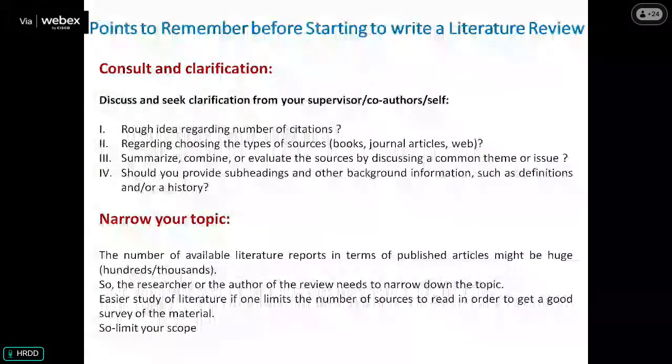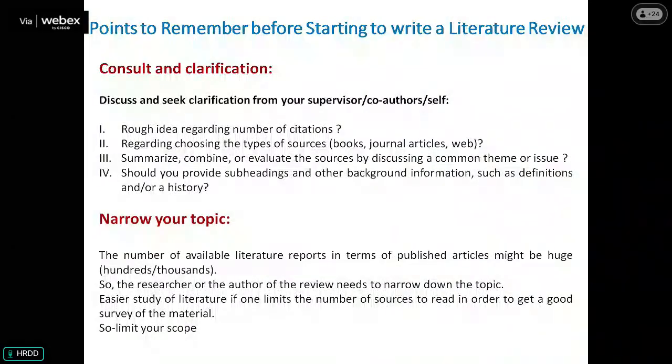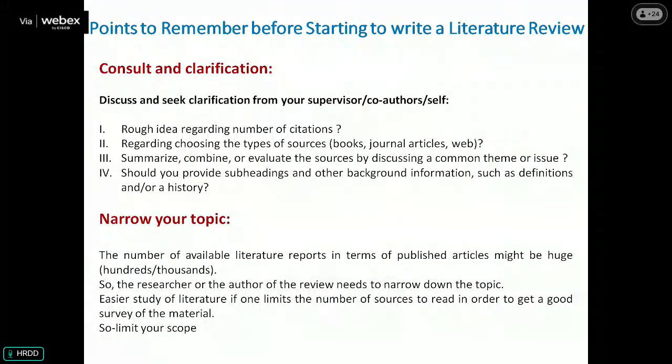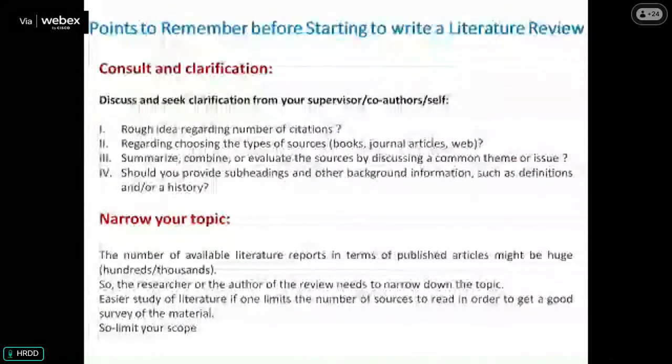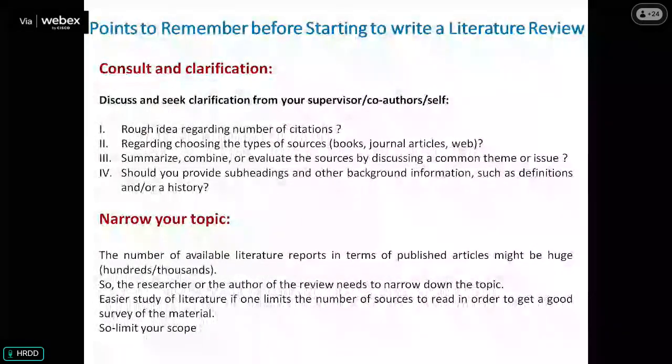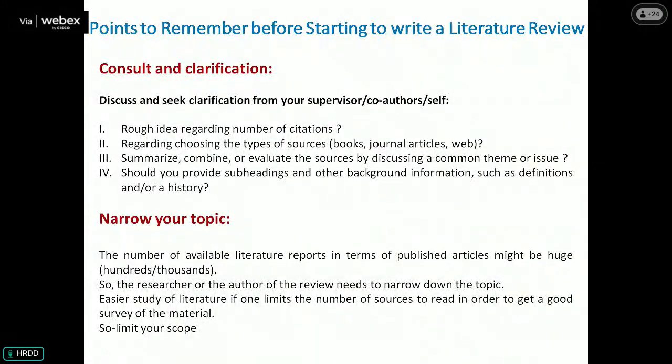What you should discuss: a rough idea regarding the number of citations. What should be the number of references you will consider? It can be 50, it can be 100. As I told you, in a general article it varies between 10 to 30 in the introduction section. But for a thesis, how much will it be? You have seen some theses? Hundreds.